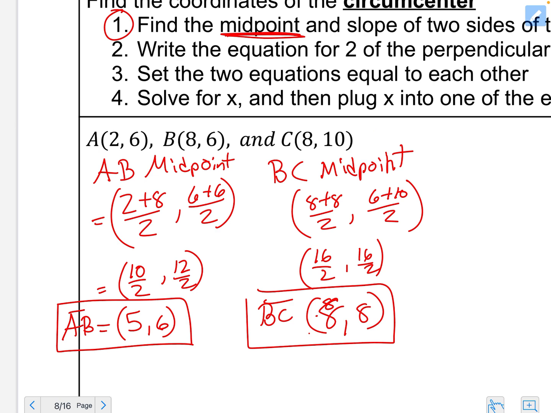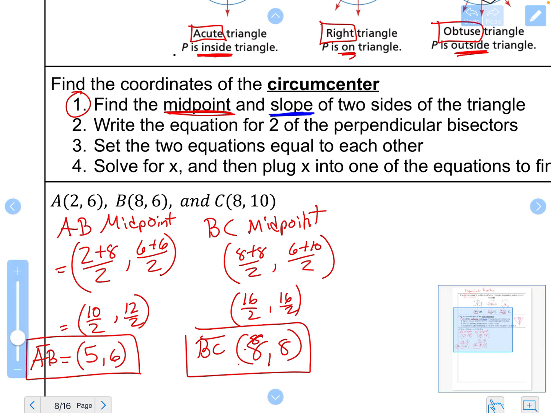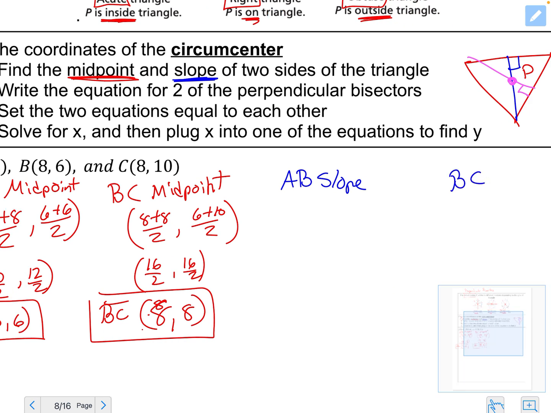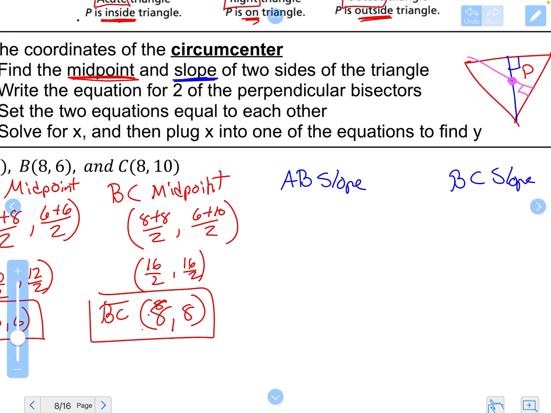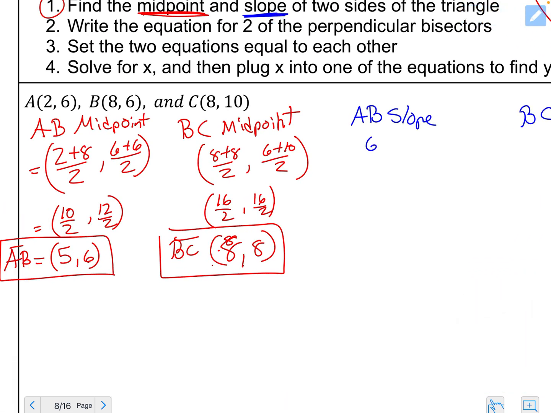So now we also need the slope of both sides because we need it to be perpendicular to these 2 sides of the triangle. So I need to find my AB slope, and I need to find my BC slope. So my AB slope, we're going to go y2 minus y1 over x2 minus x1.